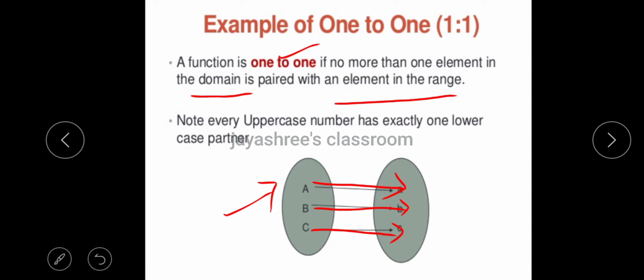So every member in the domain is connected to each member in the range. In this case, we can say that this function is a one-to-one function.